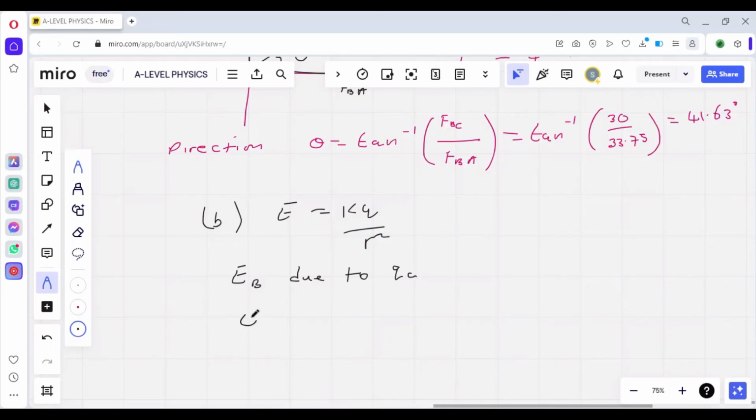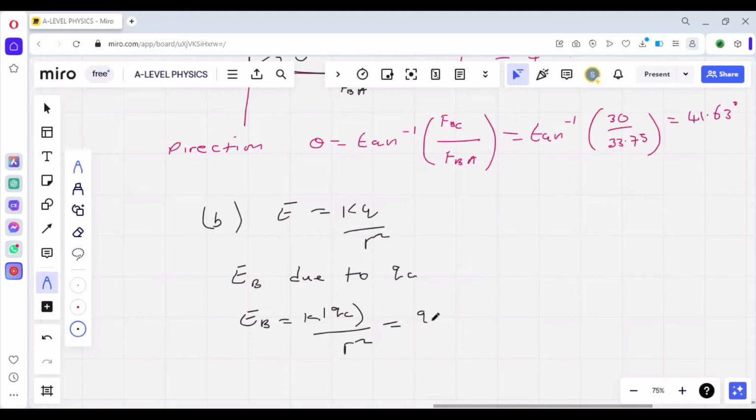So this will give us the electric field at B is equal to K times the magnitude of charge C over R squared.